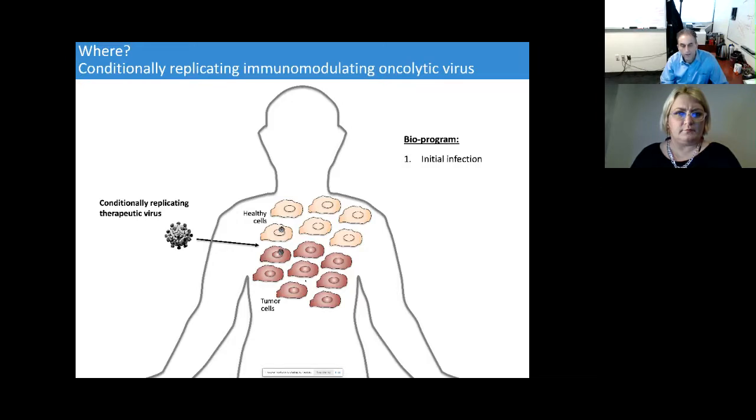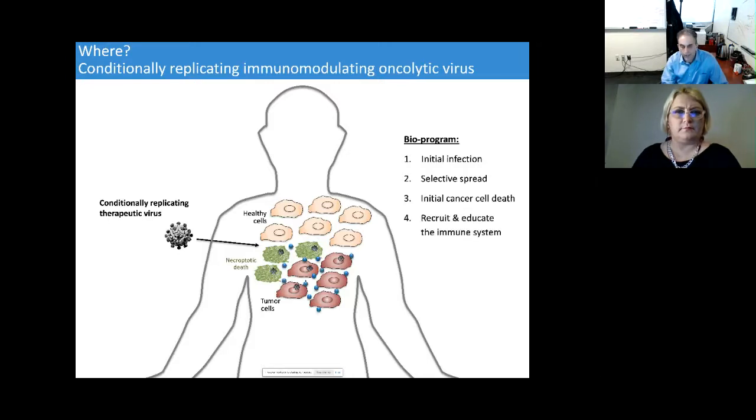Rather, this virus then asks the question, is this a tumor cell or not a tumor cell? And if it is a tumor cell, then it begins to replicate such that it's replicating only in the tumor cells and not replicating in healthy cells. And that will ultimately cause these cells to die.